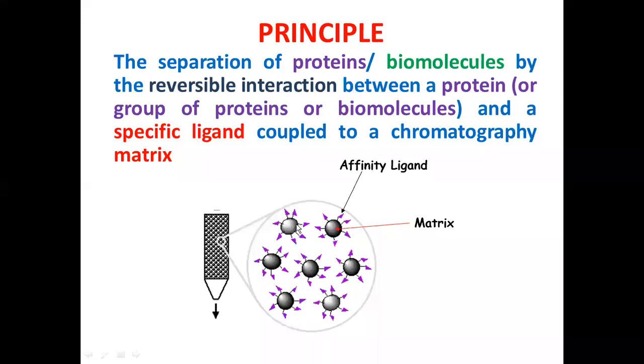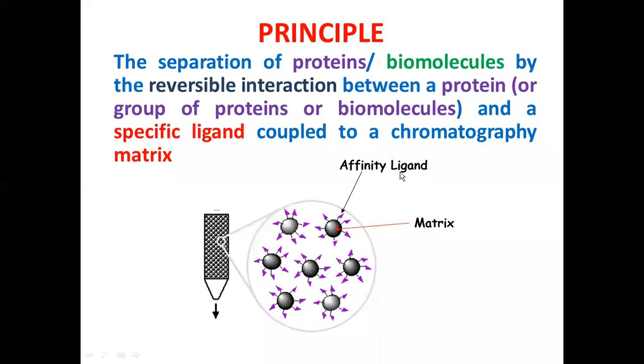You can see here the cross-sectional view of the matrix. The matrix particles are tightly packed into the chromatographic column, and the matrix is connected by affinity ligands. These affinity ligands will be more selective for the bioselective interaction with the protein molecules.